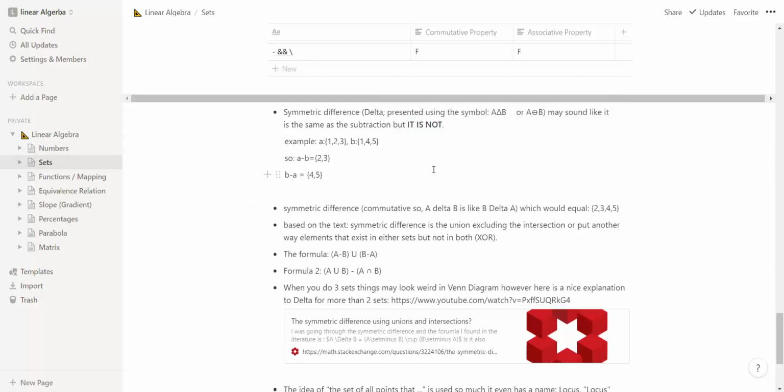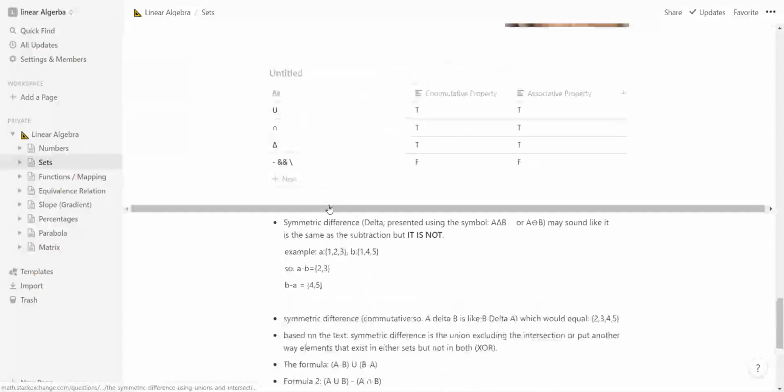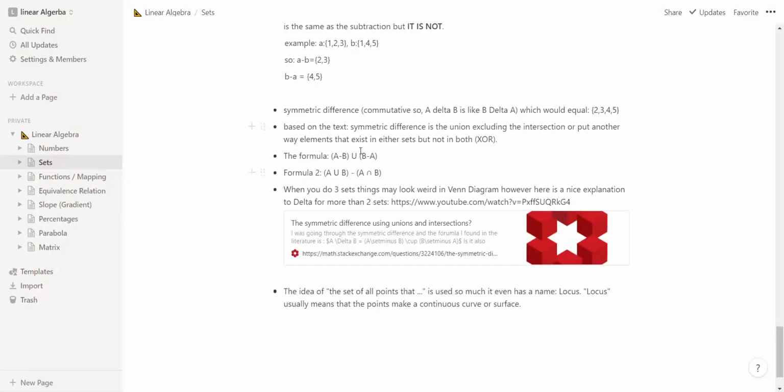So the symmetric difference is the union excluding the intersection: A union B minus A intersect B. You exclude whatever the common elements are from the list.